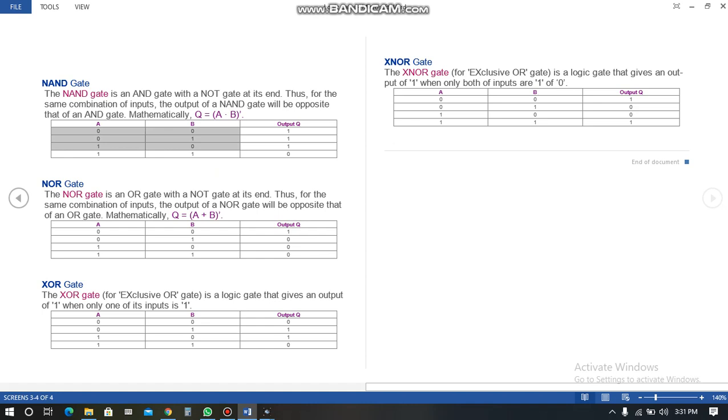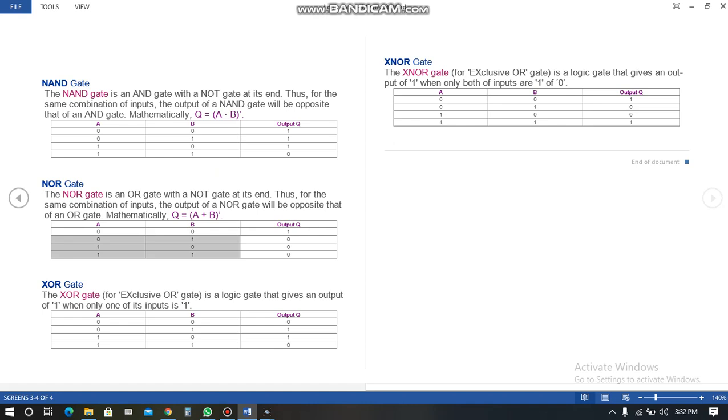The next is the NOR gate, not OR gate. In this, if we have two low signals in the input, we get a high signal in the output. All other cases will give a low output.